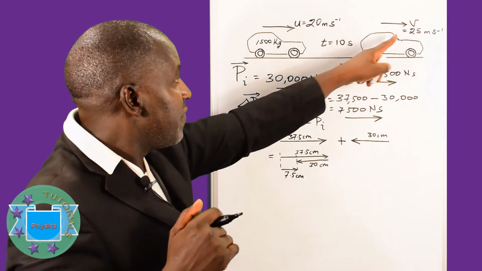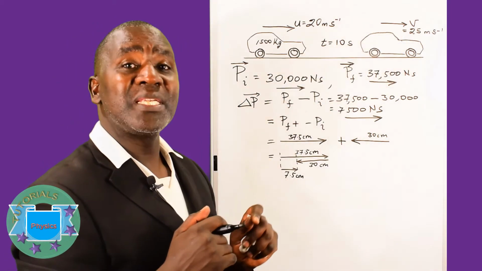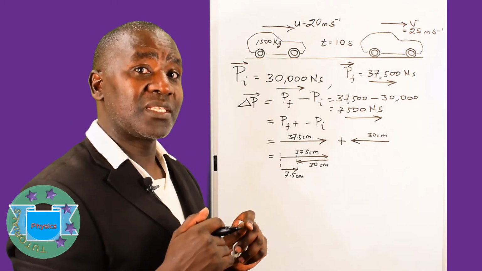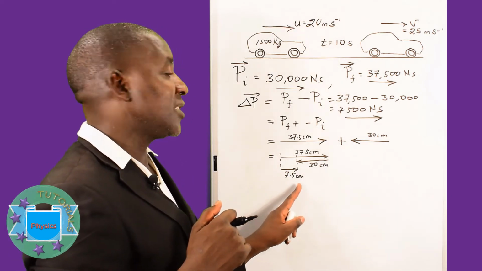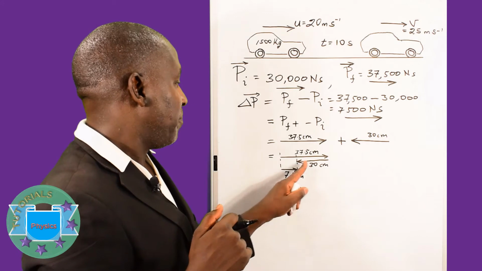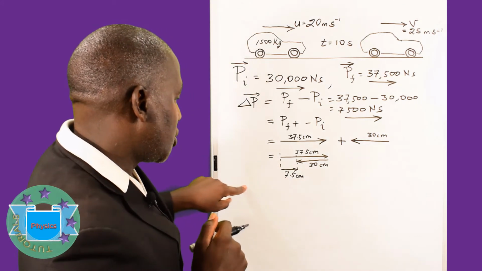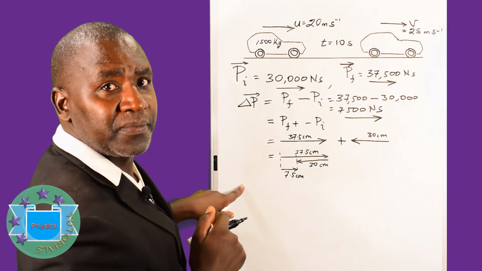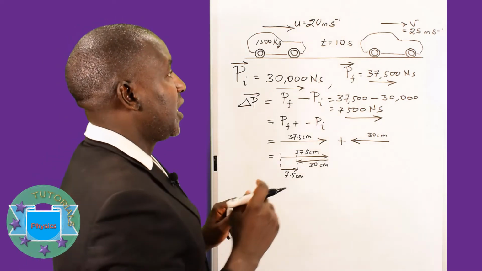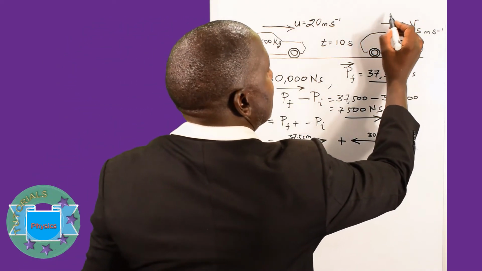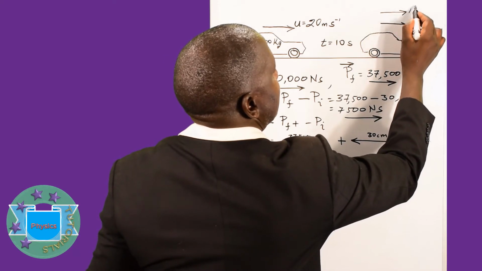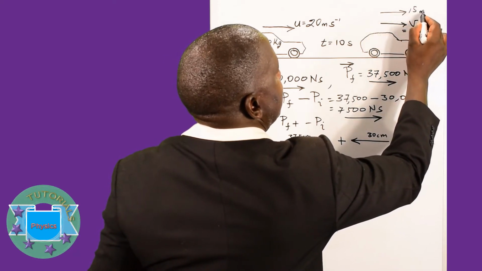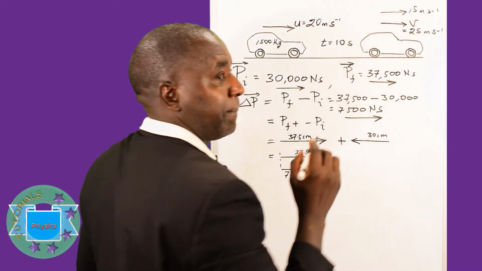For example, if this car now is moving with 15 meters per second, you will find that the change in momentum will be in this direction, to the left. What do I mean? If this velocity now changes to 15 meters per second.